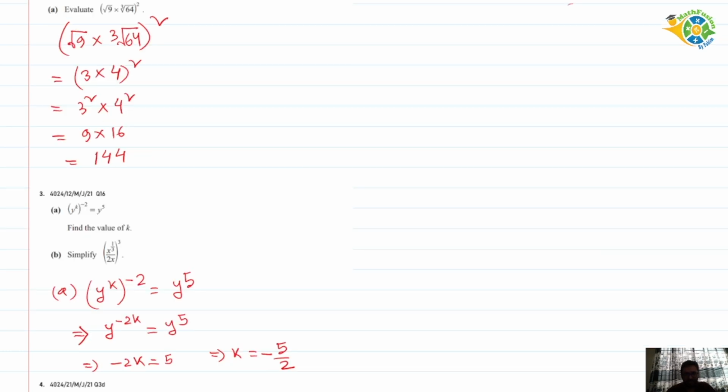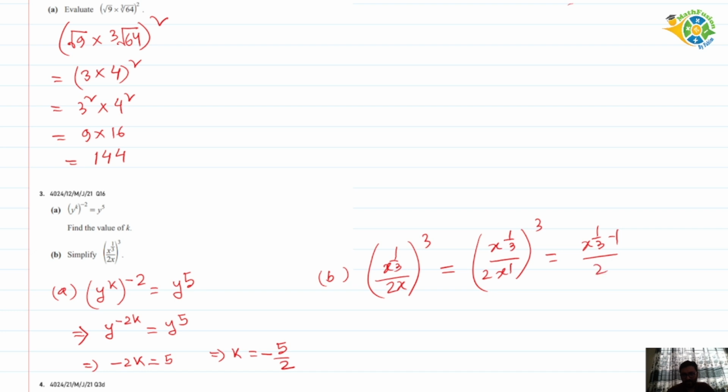Next, question B tells us to simplify the expression x to the power 1 by 3 divided by 2x whole power 3. First we need to apply the quotient rule as there are two terms of the same base. So x to the power 1 by 3 and x to the power 1 have the same base, so we can write x to the power 1 by 3 minus 1, over 2 power 3.